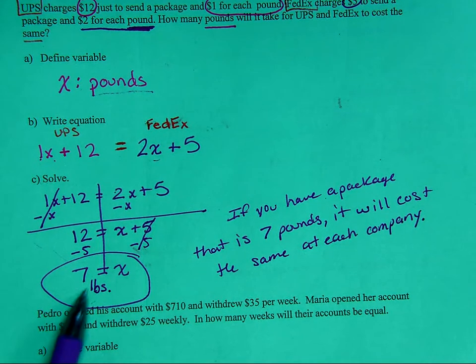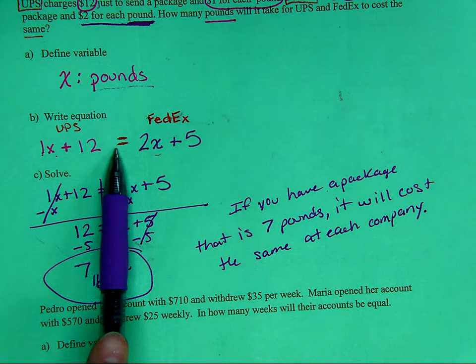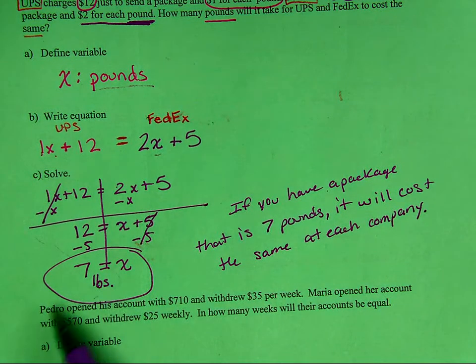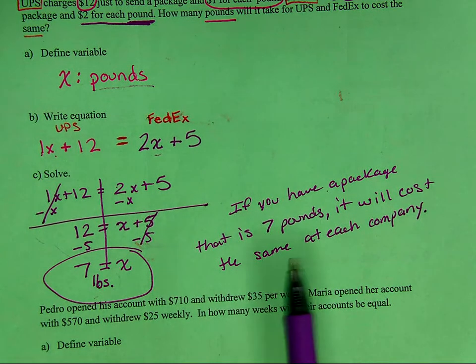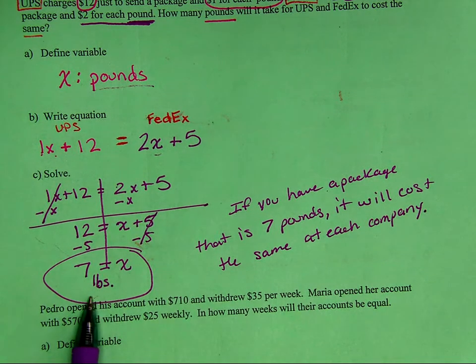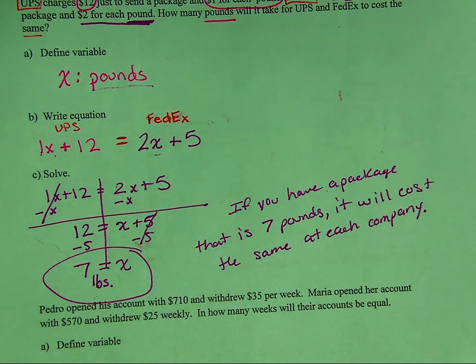Okay, but that means if I have a package that's more than 7 pounds, one of these places is going to be cheaper. If I have a package less than 7 pounds, one of these packages is going to be cheaper. It just so happens if my package is exactly 7 pounds, it doesn't matter which company I use because I'm going to be paying the same.